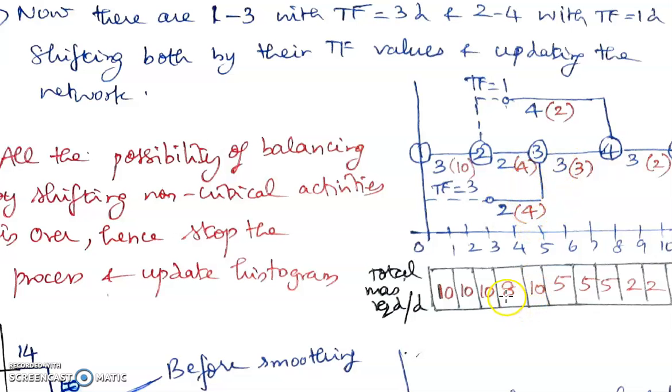On the fifth day, along with these two activities, another activity comes in parallel, so the total demand becomes 4 plus 4 plus 2, 10. Then these two activities get completed. On the sixth day, along with 2-4, 3-4 is done in parallel, so their total demand is 3 plus 2, 5. This is going to be the scenario up to the eighth day.